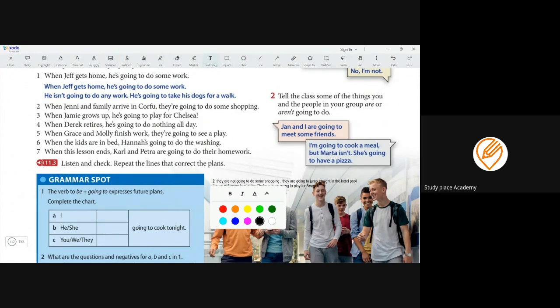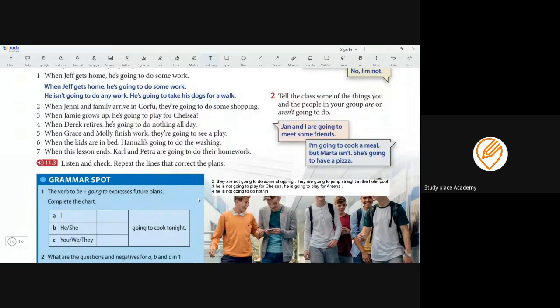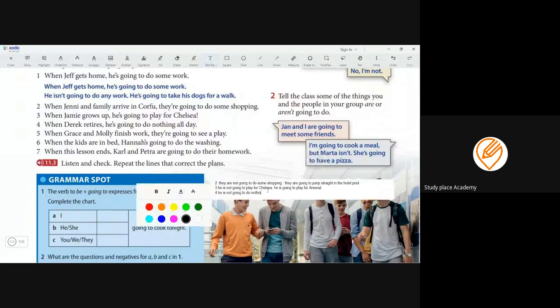Number four. When Dirk retires, he's going to do nothing all day. No, he's not going to do nothing. I did some mistakes here. I wanted to take a look again.